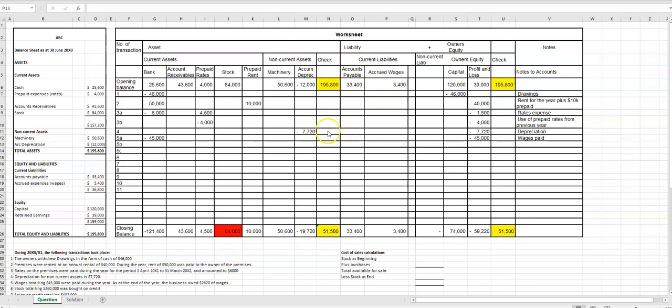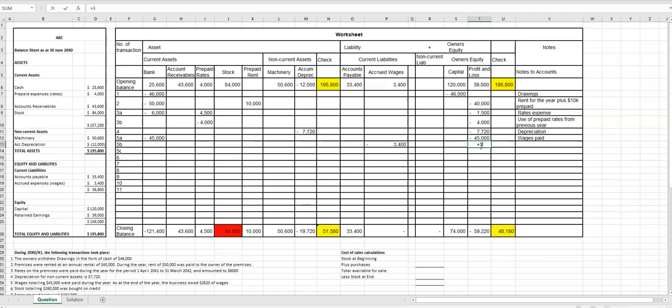Okay, so in our accrued wages, just want to make sure I've got the right line. In our accrued wages, we're going to reduce that opening balance of 3,400, so that then nets down here to 0, and then we need to account for the fact that we're removing that.